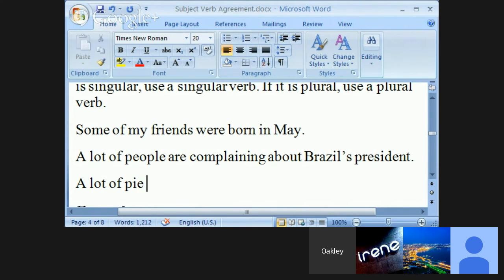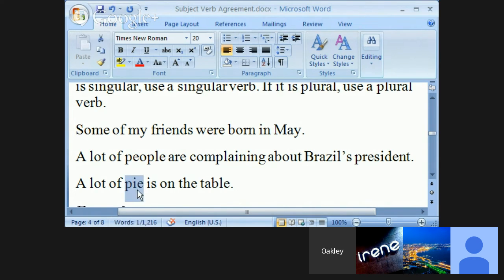Well, what's the verb? That's the problem now. A lot of pie. Understand. A lot of pie is on the table. There we go. All right, very good.